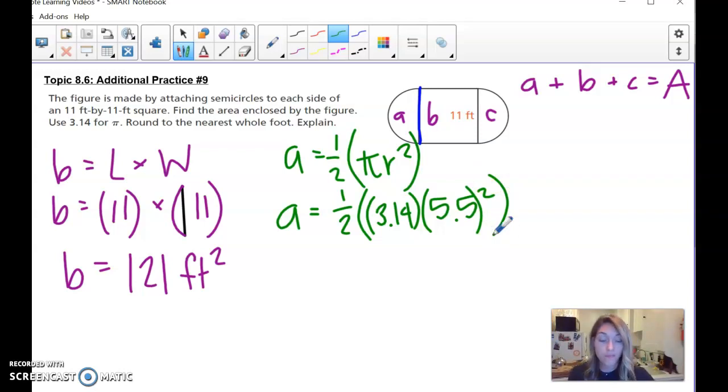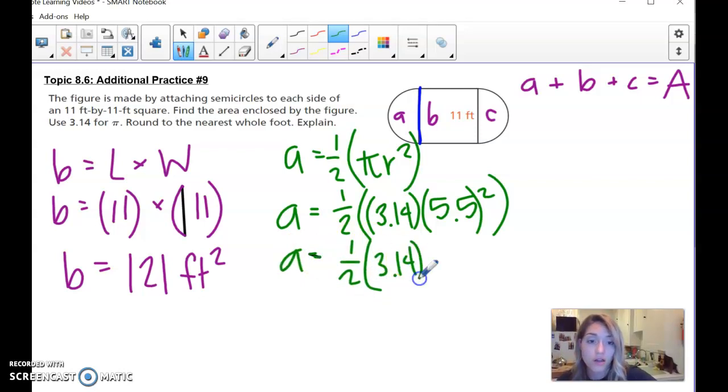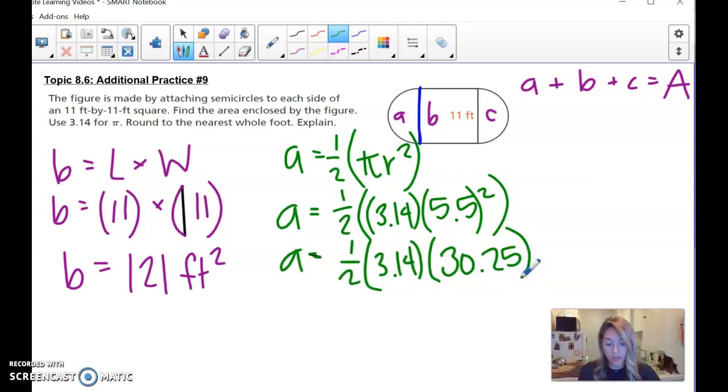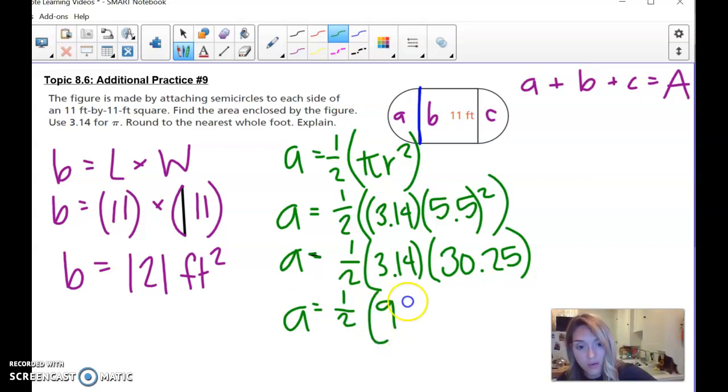5.5 squared is equal to 30.25. So A is 1/2 times 3.14 times 30.25. Now, if I multiply 30.25 by 3.14, we end up with A is equal to 1/2 of 94.985.